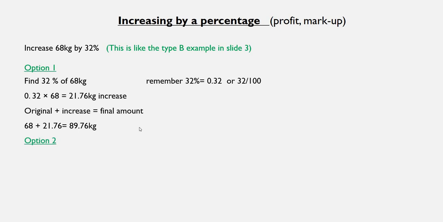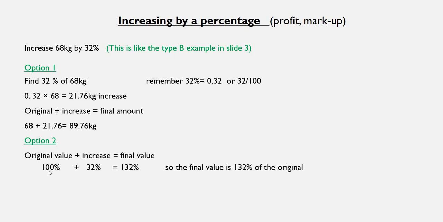The other way of thinking about it is that if my original value and my increase gives me my final value, my original value was 100%. I've increased it by 32%. So my final value is 132% of the original value.